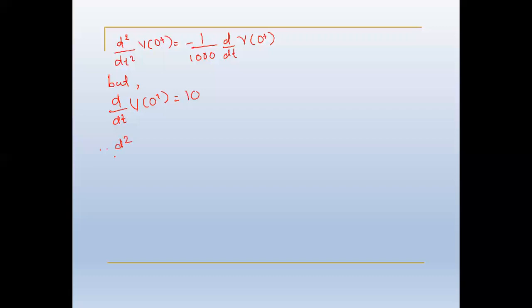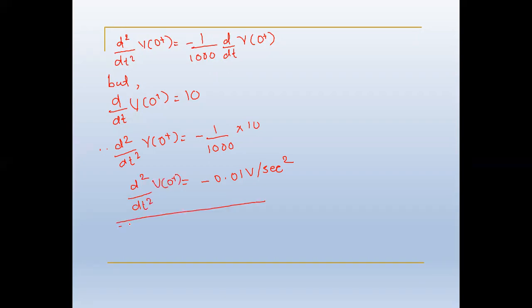Therefore, d square by dt square V of 0 plus is equal to what? Minus 1 by 1000 into 10. So this value is nothing but minus 0.01 volts per second square. Okay, so this is the second answer which is being asked by the question.